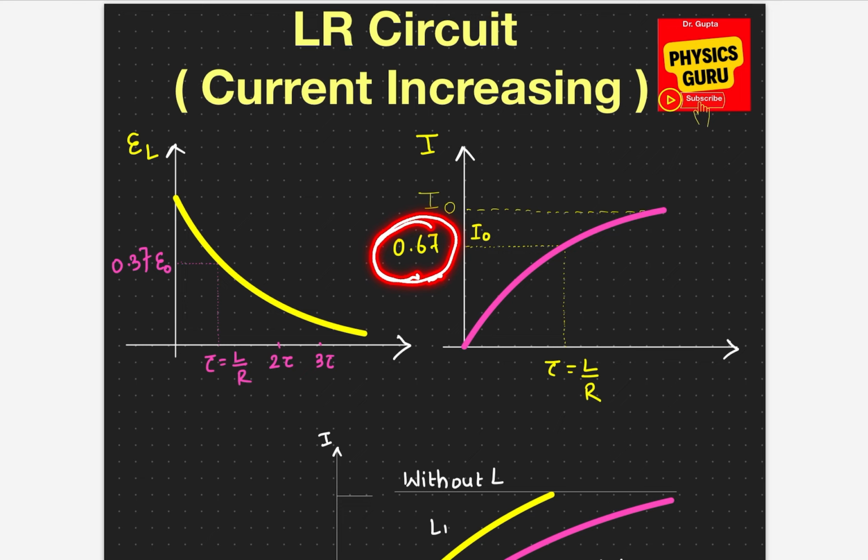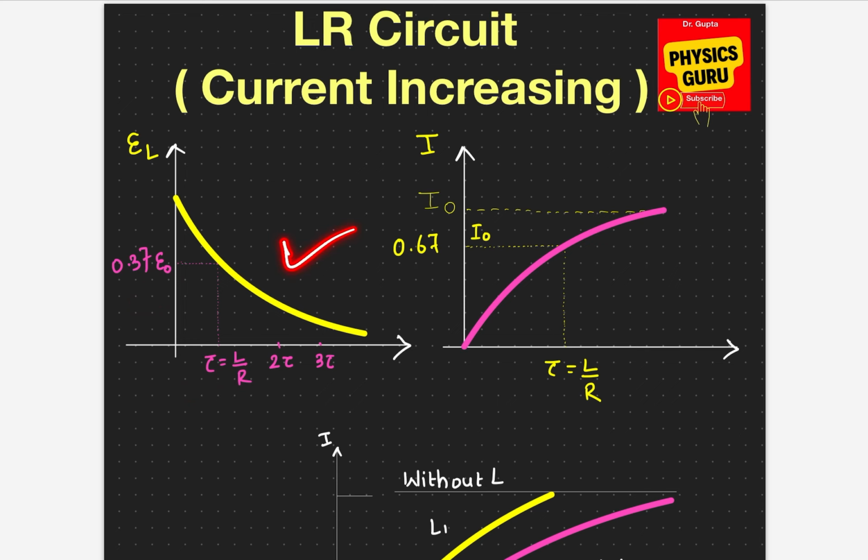And if you look at the induced EMF across the inductor, it starts going down, it decays exponentially. For that one, we define the time constant as how long it takes for the value to fall to 37% of its maximum value.